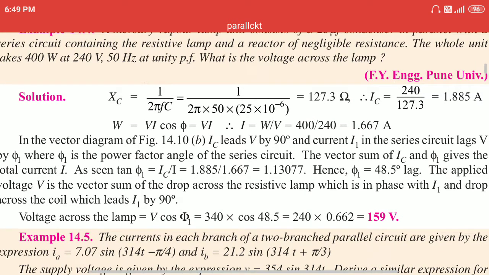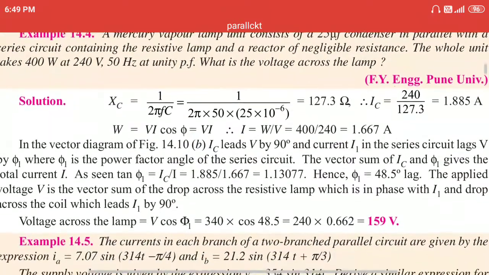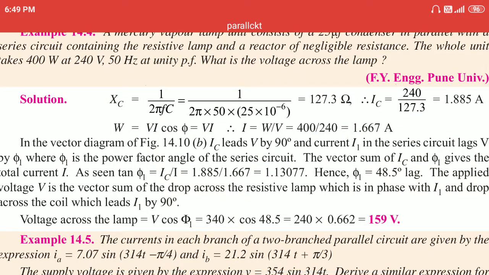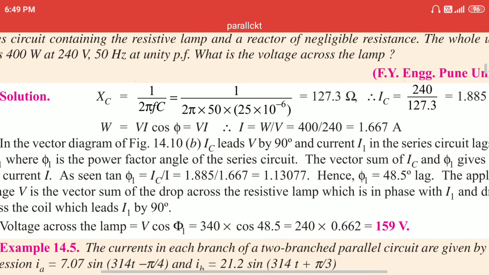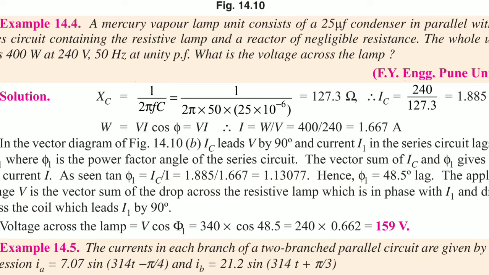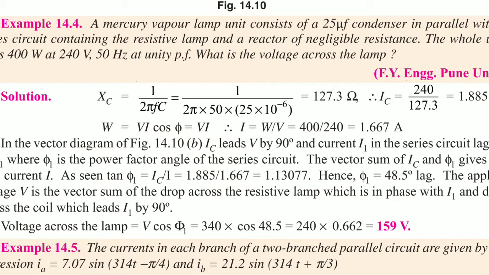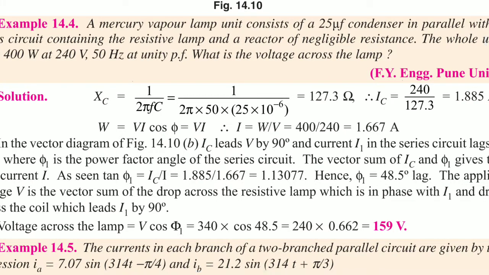See here, XC is equal to 1 by 2 pi fC, that is the capacitive reactance. So 1 by 2 pi into 50 into 25 into 10 to the power of minus 6, that is 27.3 ohms.